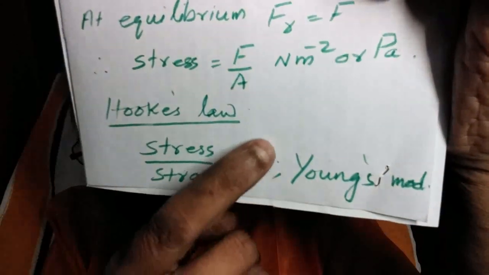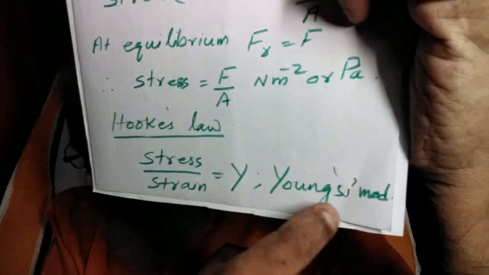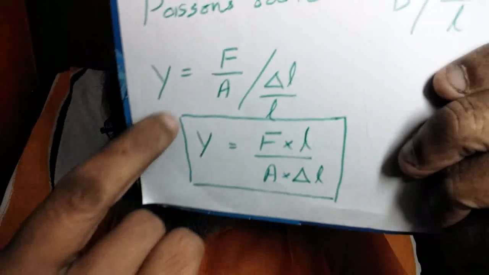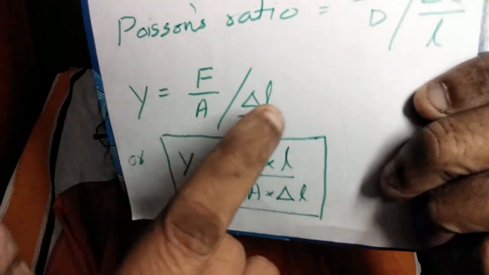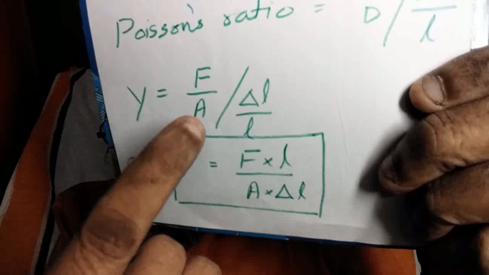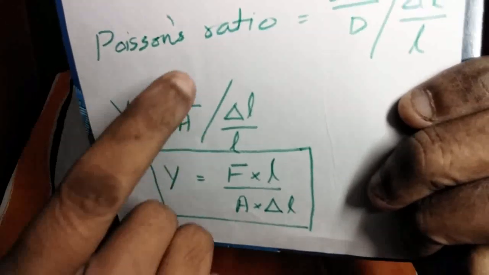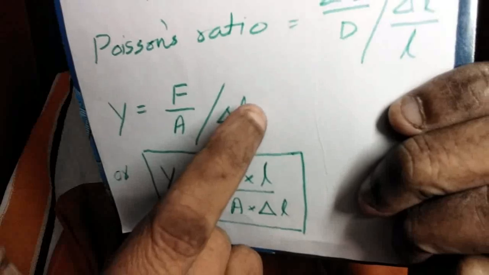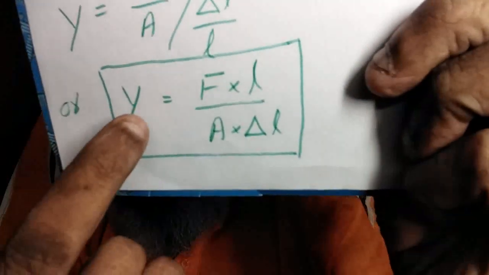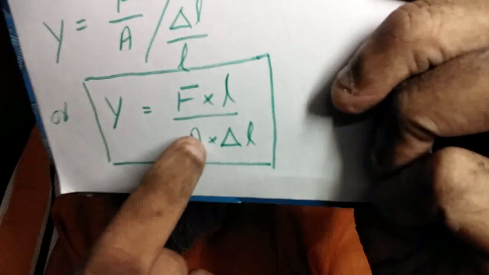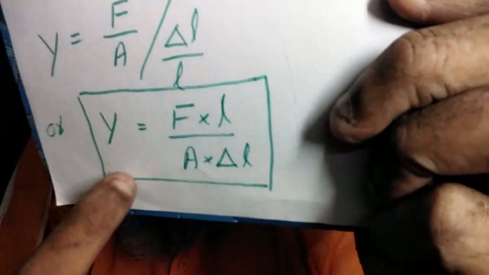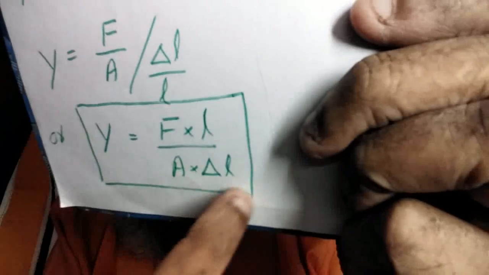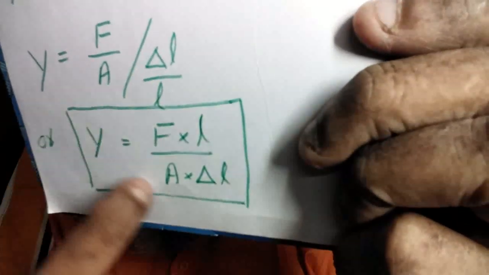That constant is represented by Y and is called the Young's modulus of elasticity. So what is Young's modulus? Young's modulus Y equals linear stress by linear strain. That is F by A, stretching force by area, or compressive force by area, divided by change in length by original length, or Y equals F into L by A into delta L. This formula must be remembered for further analysis and discussions.